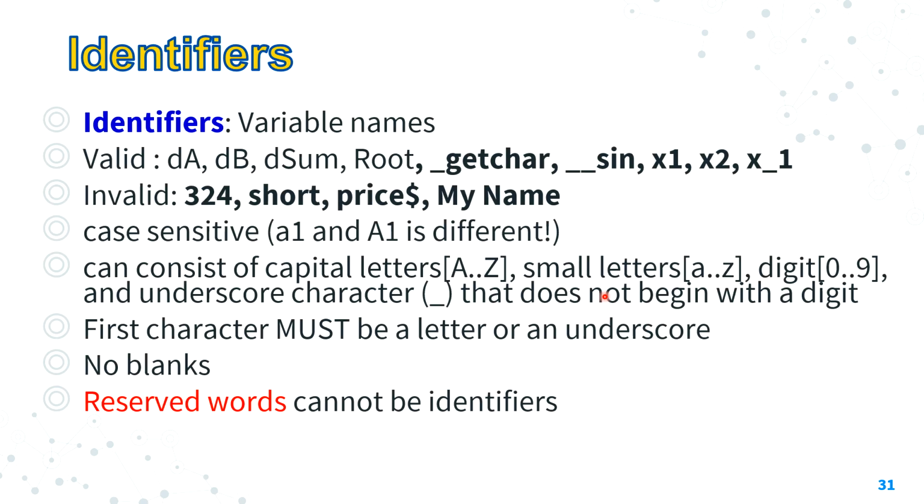Now, let's talk about identifiers in C programming. Identifiers are simply the names we give to variables, functions, arrays, or other elements in a program. For example, variable names like sum, age, or total marks are all identifiers.